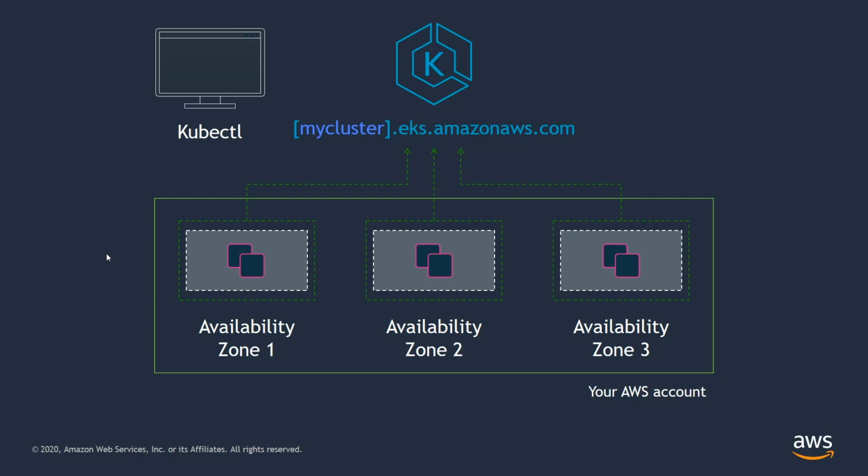That kubeconfig file will then be referenced by the command line tool for Kubernetes called kubectl, or kubecontrol. This CNAME represents the managed control plane for your EKS cluster and allows you to send operations that tell Kubernetes to schedule containers for you.